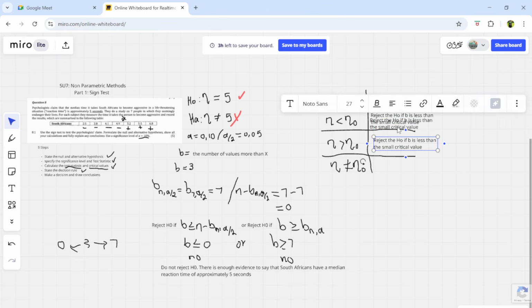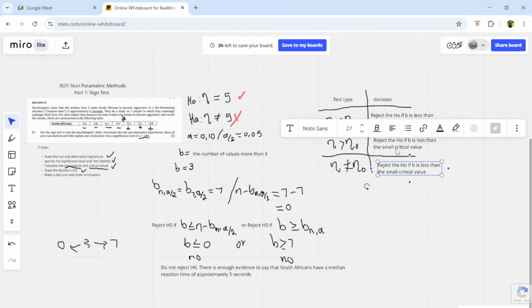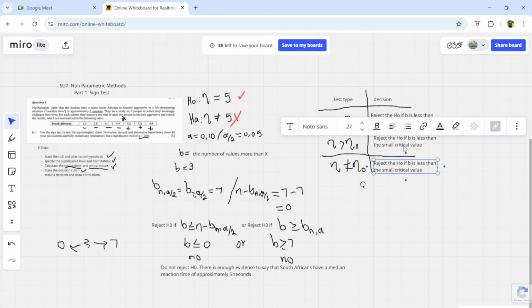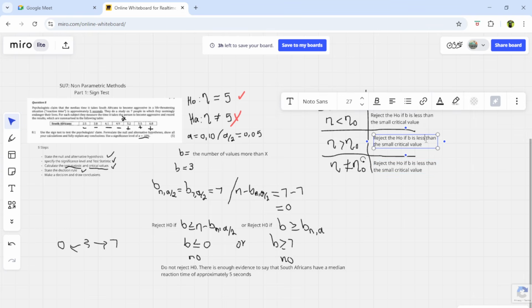Okay. And then if it's right-sided, you reject the null hypothesis if b is more than the bigger critical value.